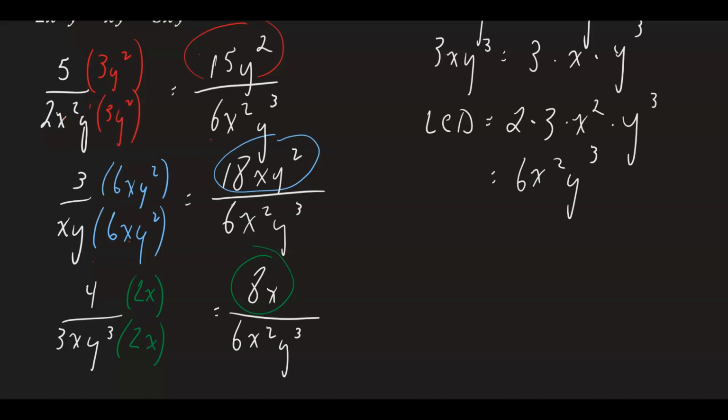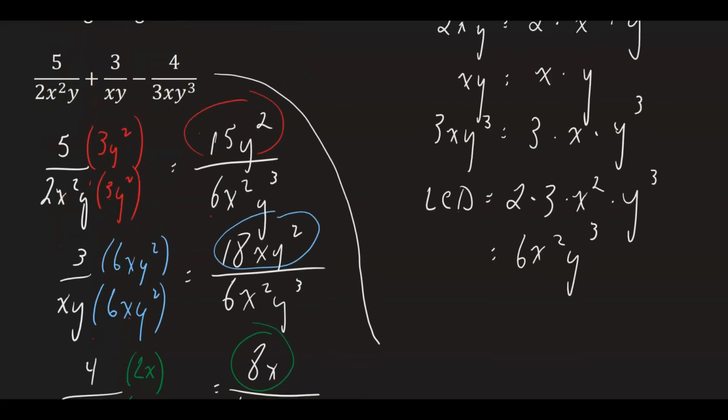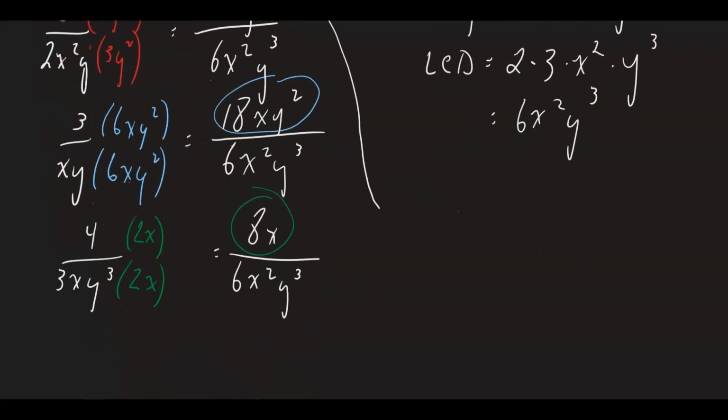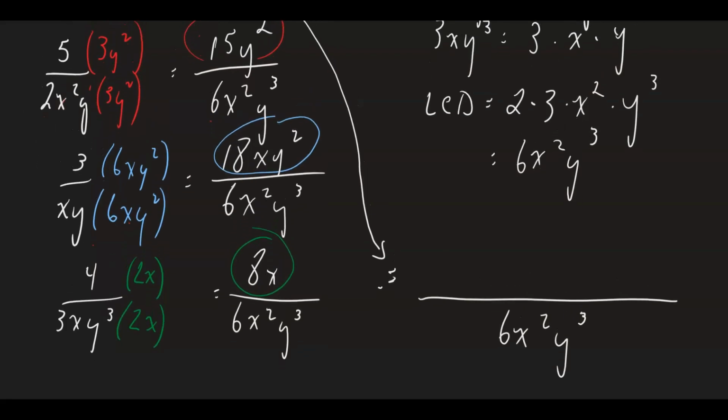So my answer, if I bring it from above, you can't see that, but that's up there, equals, and it's not equal to the line beside it, just so you know. Let's put it all over 6x squared y cubed, and we will add those numerators.